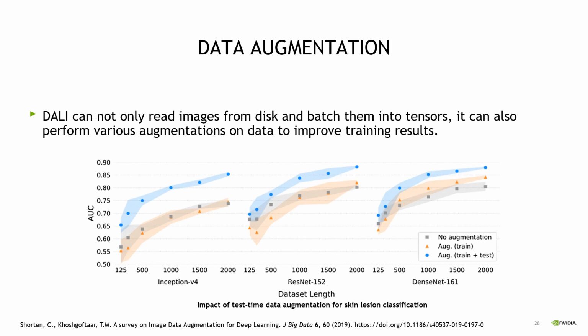So you have the orange and the gray area without augmenting the data. But if you use augmentation with the training and augmentation with the testing, you see how the accuracy increases. So the blue line is the augmentation including training and test data. The orange is the augmentation only with the training, and no augmentation without using any augmentation steps.